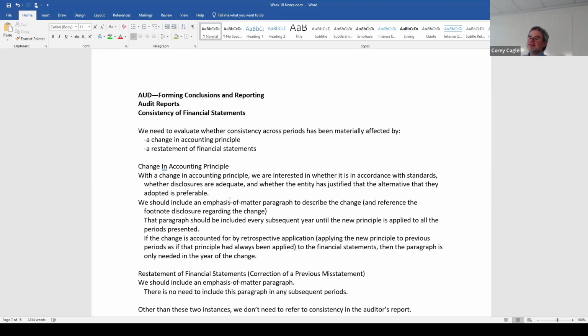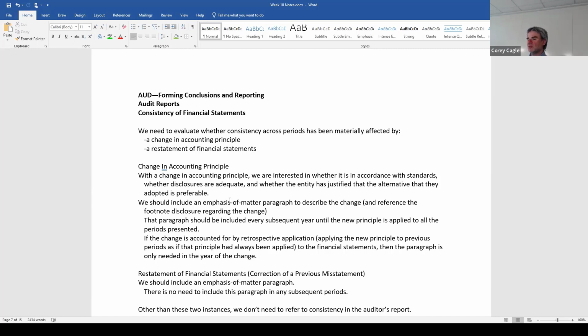So regarding the consistency of financial statements, we as auditors need to, as always, evaluate fair presentation, right? So we need to see if consistency across periods has been affected by a change in accounting principle or a restatement. If it's a change in accounting principle, we are obviously interested in whether that change is in accordance with standards, whether disclosures are adequate, and whether they've justified the change.